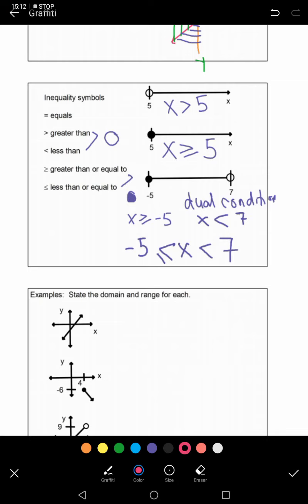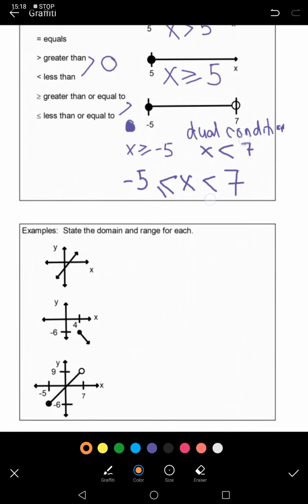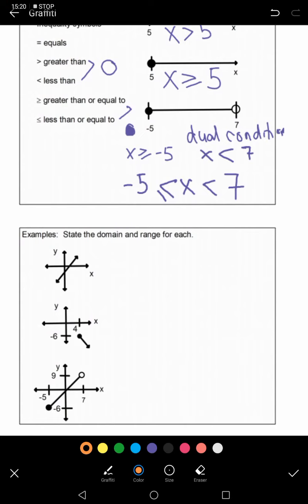And so let's look at a couple more examples here. I'm going to go back to the color I started with. It's asking us to state the domain and the range for each. Similar to that example I gave above, this is just going to be a line that continues to infinity in both directions. That means there's actually no restrictions.